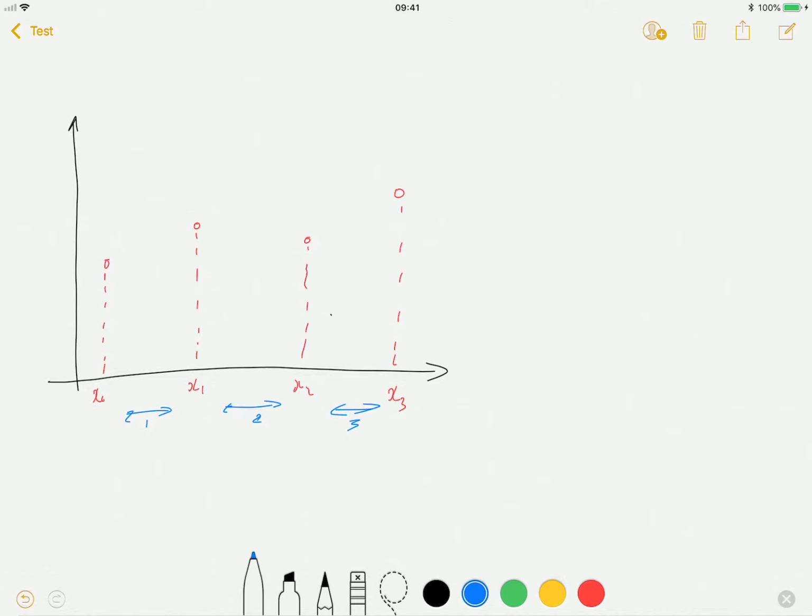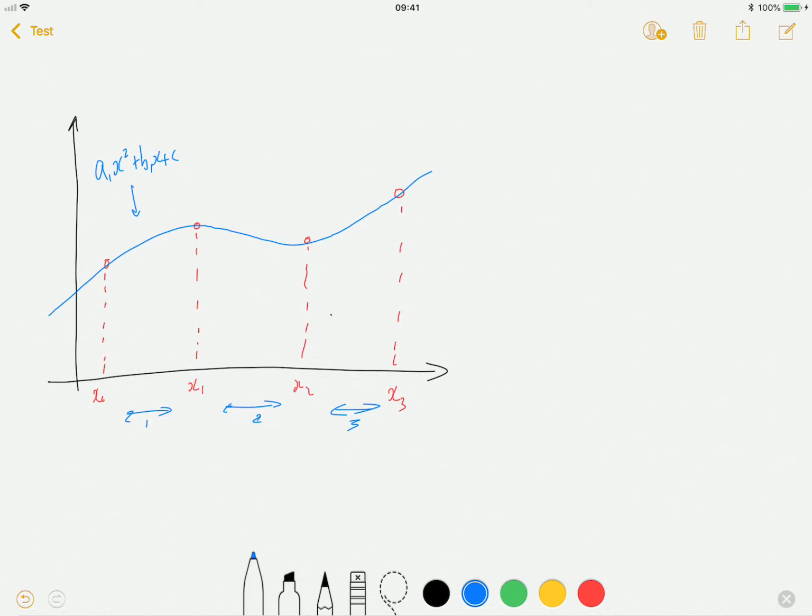And we want to fit some second order polynomials between these data points. We might end up with something that looks like this, where at each one of these intervals we have a quadratic equation, a1 x squared plus b1 x plus c1.